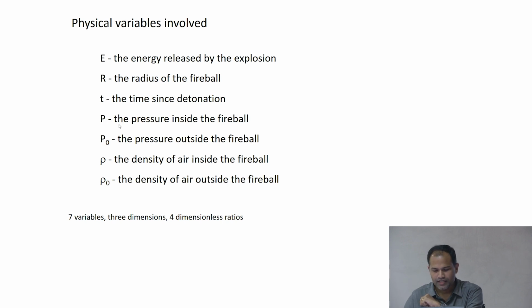Then he said there is a huge pressure that's going to be developed in the fireball, right? Which is what is going to expand the whole thing, and it's going to work against the external pressure. So he said, let's consider the pressure inside the ball and the pressure outside the ball as two relevant parameters. And he also said we'll also worry about the density of air. It will be a superheated air.